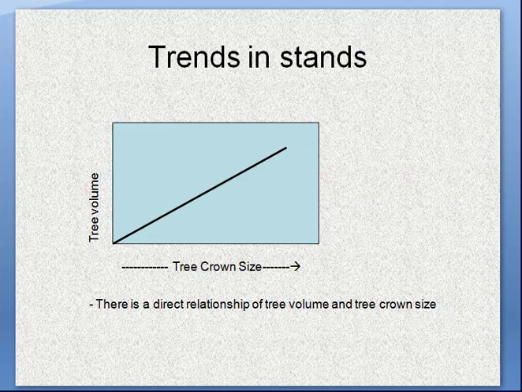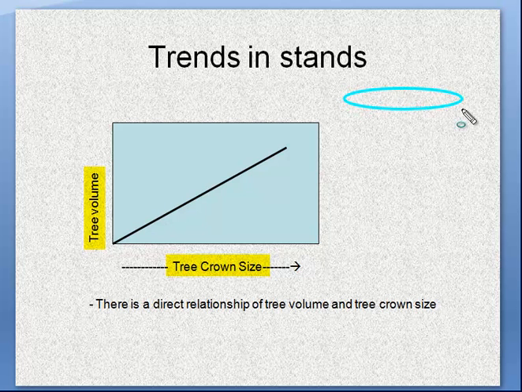Trends in stands. Another exciting trend in a forest stand is tree volume. Tree volume is directly related to crown size, and we use this a lot when we do aerial photography. We use this a lot to calculate how big a tree is. We look at the tree's crown, and based on the crown, we can establish the tree's volume.